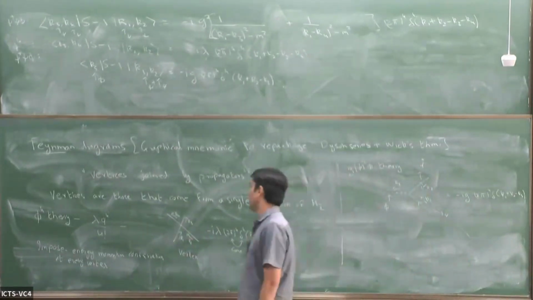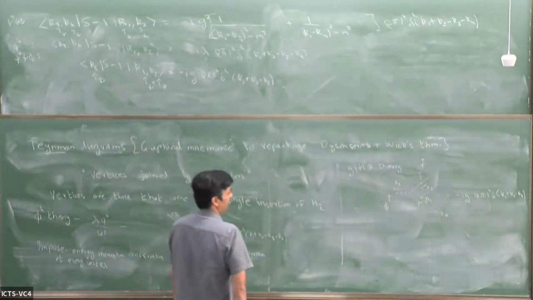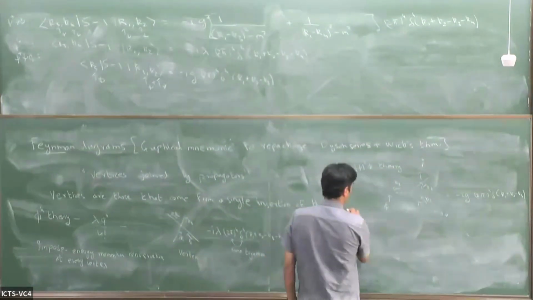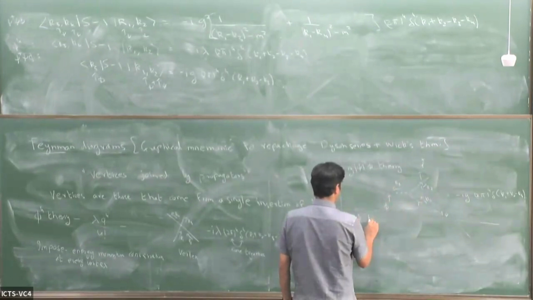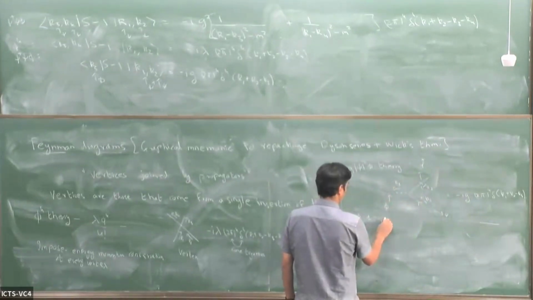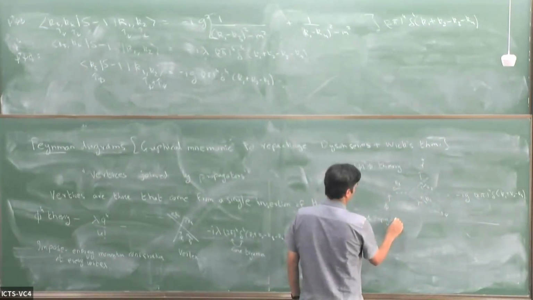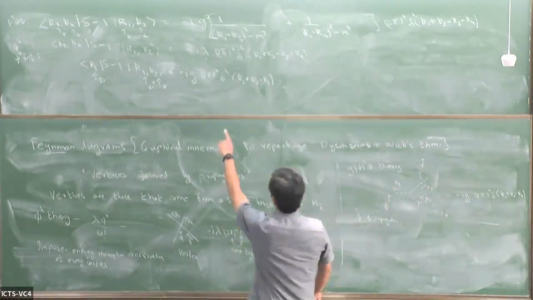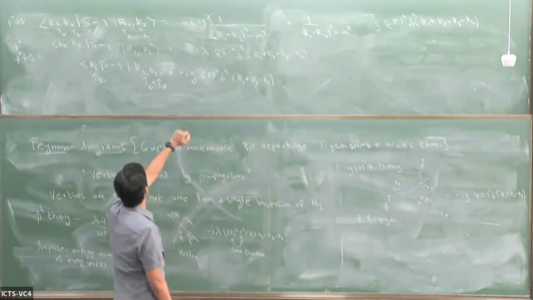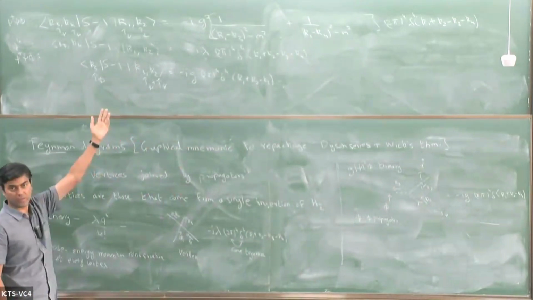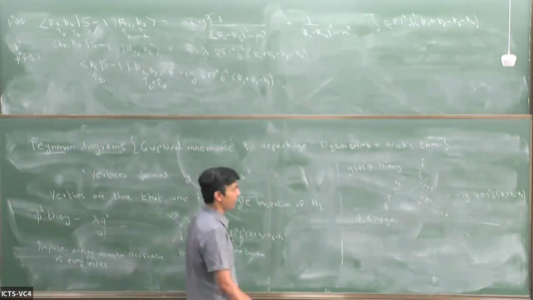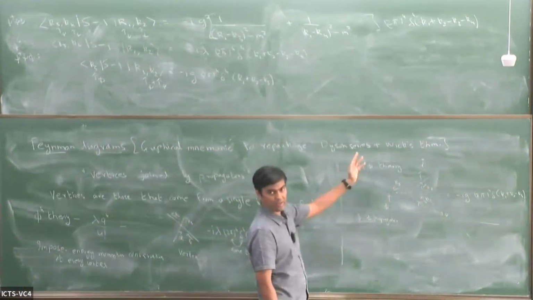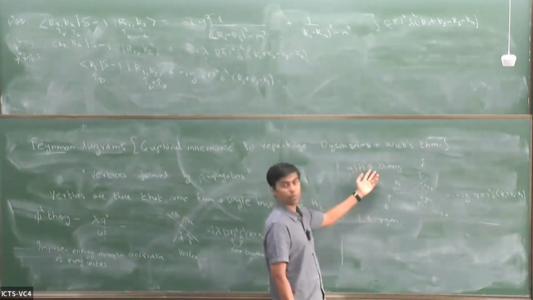What about propagators? Well, there are two kinds of propagators. One is the phi phi propagator. Do you remember where we saw the phi phi propagator here? We saw it because when we did the Wick contraction, we found two insertions, a psi dagger psi phi and a psi dagger psi phi, and then we contracted the two phi's together.